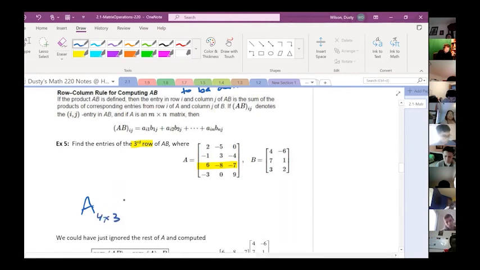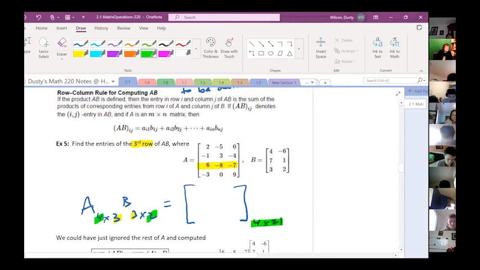What are the dimensions of matrix B? 3 by 2. So it works. We have dimensions that work. The dimensions of the result are going to be 4 by 2. That's going to be how our output works.